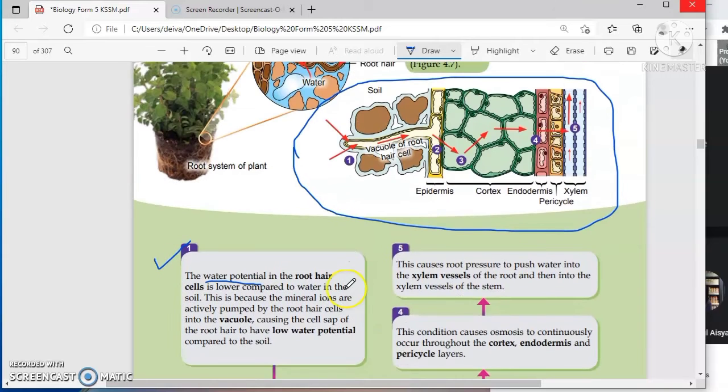So number 1, what happened here? The water potential in the root hair cell is lower compared to the water in the soil. So that means the soil has more water, the root hair cell has less water.